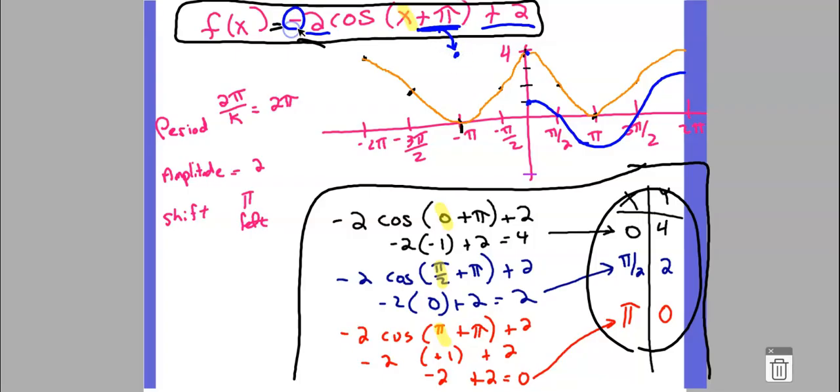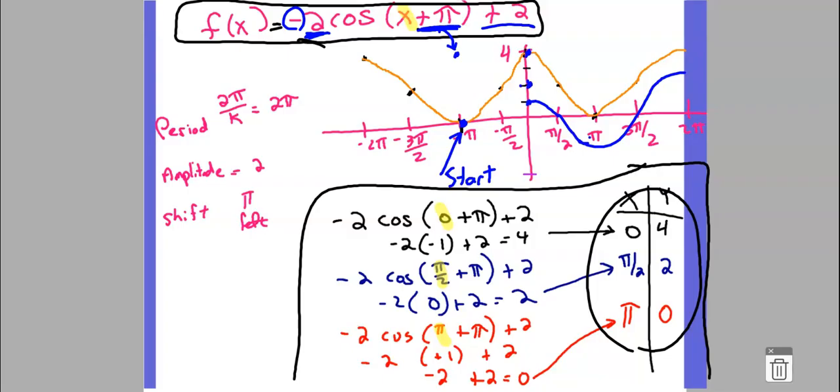And then the negative flips it down to here. So this is actually your starting spot if you're doing transformations. Again, we went up to here because it's amplitude 2, and then we got bumped up 2, then shifted to the left, and then flipped. So that's actually your starting spot.